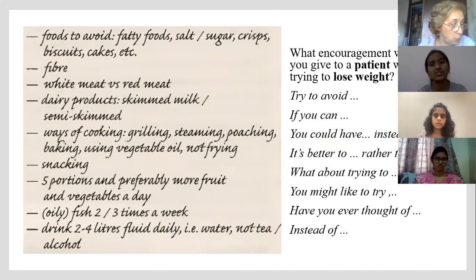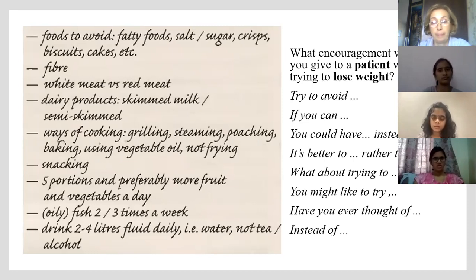So let us listen to Khadija, please. What would you recommend? If you can start eating biscuits and cakes only once a weekend, it will be better. Not all the time. Okay, good idea. So what else?